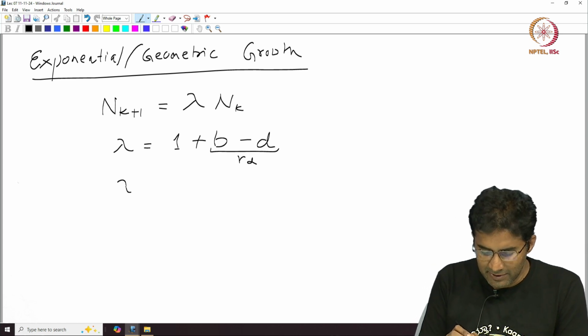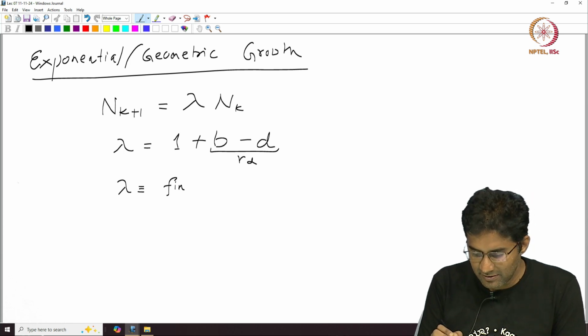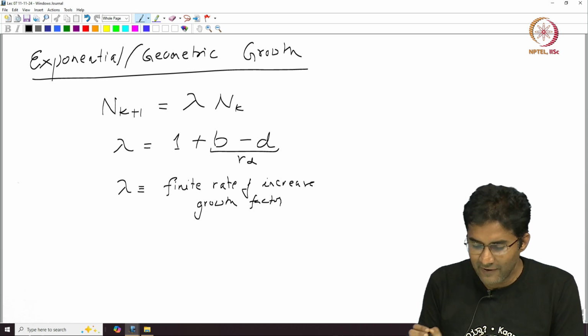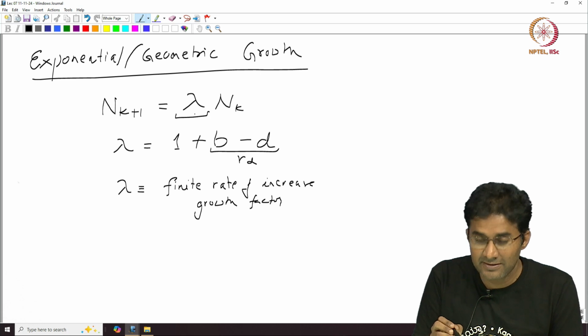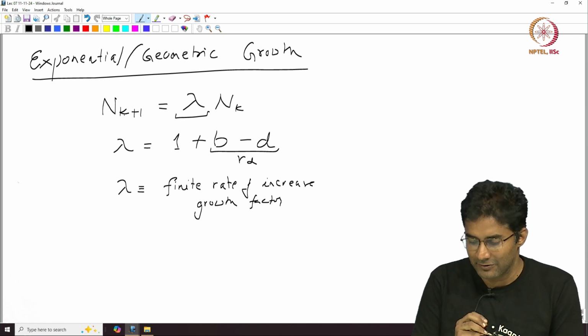And as I mentioned, the discrete unit time biologically could be thought of as one generation, right. So lambda is sometimes called the finite rate of increase, but I prefer the term growth factor. I call it a factor because this really is the factor by which generation k becomes generation k plus 1, right.